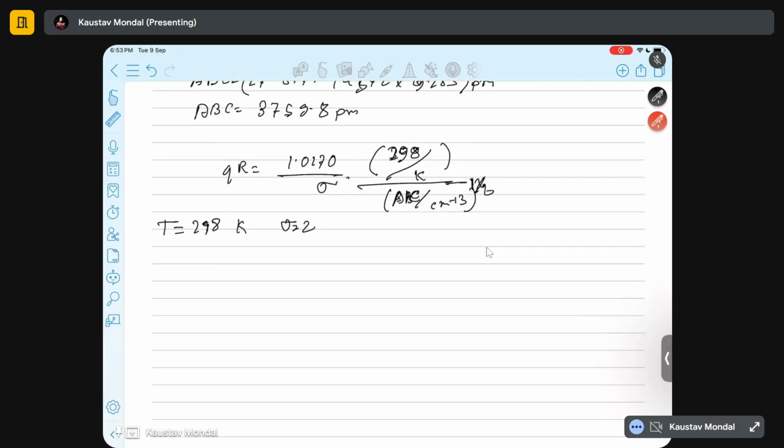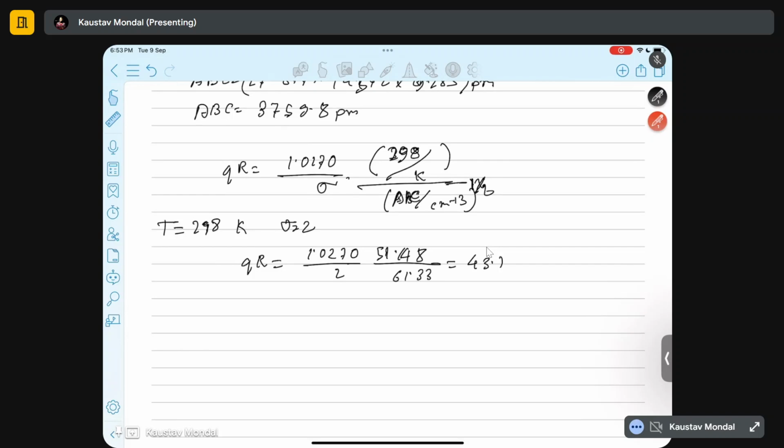Now our rotational partition function q_R would be 1.270 by 2 times 251.48 by 61.33. If you do the calculations, you will get 43.1. This is the rotational partition function for this problem.